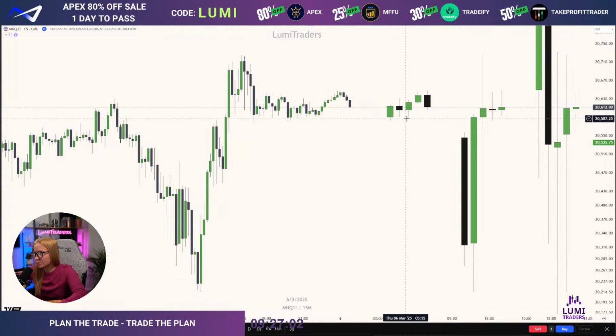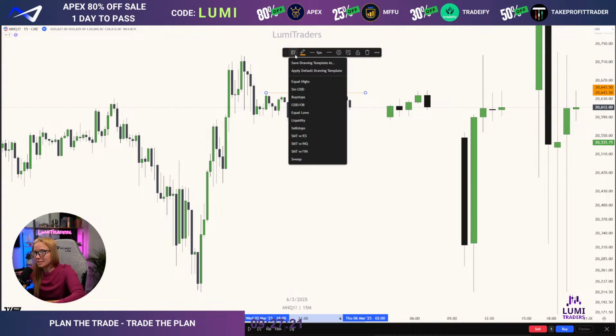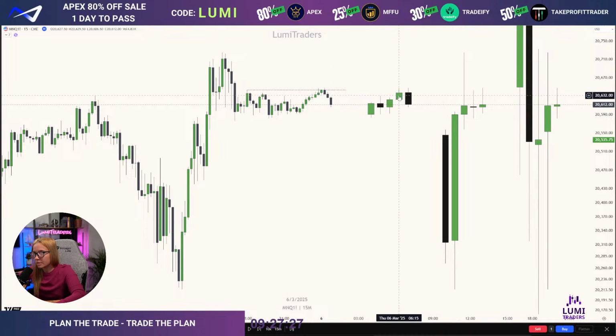A bit of consolidation, but overall, basically, we took the consolidation high. And we closed right here above this candle high.